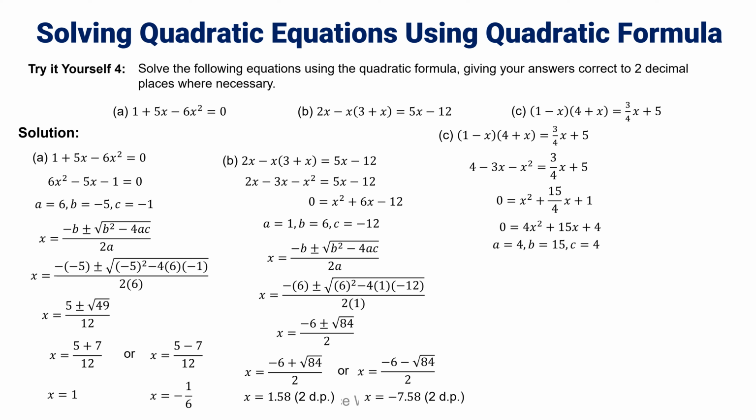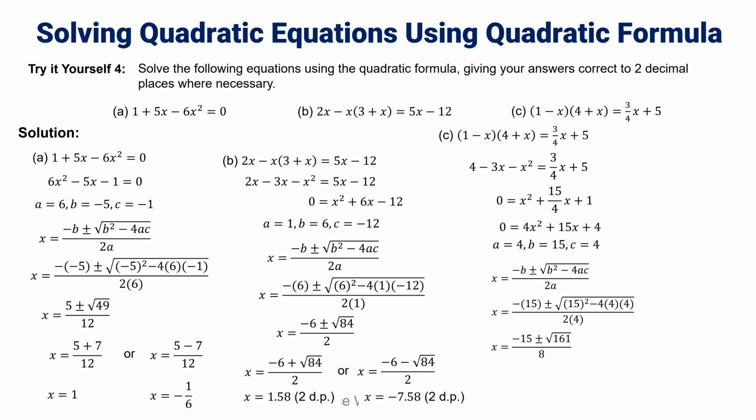So now it is in the form of ax² + bx + c, where a equals 4, b equals 15, and c equals 4. Then we can apply the formula x = (-b ± √(b² - 4ac))/2a. Substitute the values, x = (-15 ± √(15² - 4 × 4 × 4))/(2 × 4).